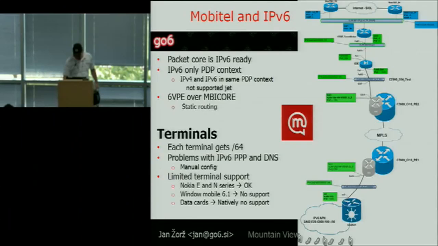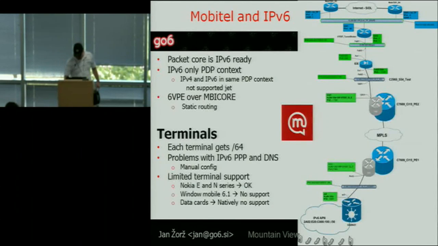This is their network. They gave me a picture that is pretty complicated and small to read, but this is what I got from them. Each terminal gets a /64. These are pictures from the beginning of this year, so it's mainly 4 months ago, and some things might be fixed in between. There were some problems with DNS, and there was limited terminal support.